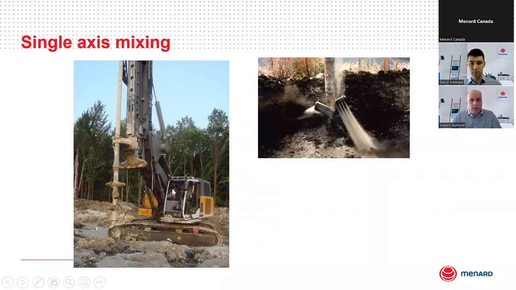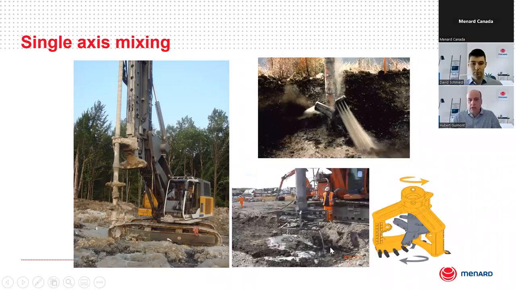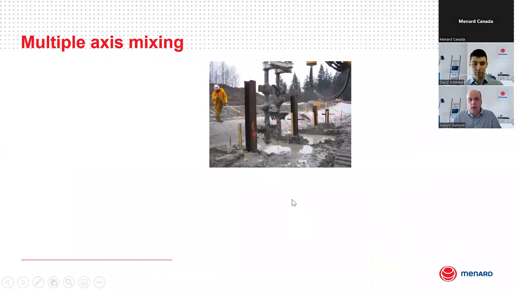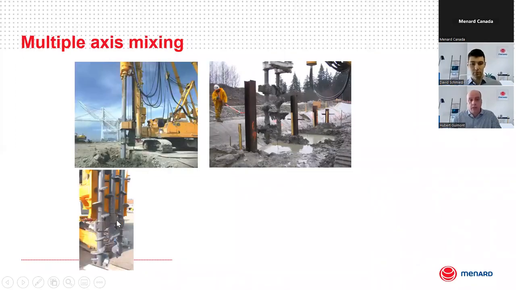So the single axis soil mixing, that's one example here, another here. You can see that the blades are different from one soil type to another. So that has an effect, of course, on production rate and also on mixing ability of the equipment. Sometimes you can have multiple axis soil mixing rigs.